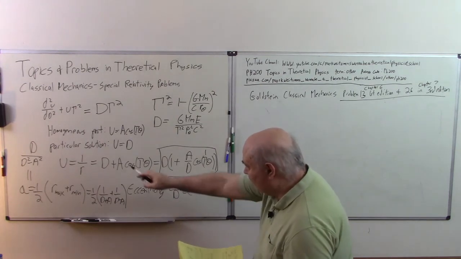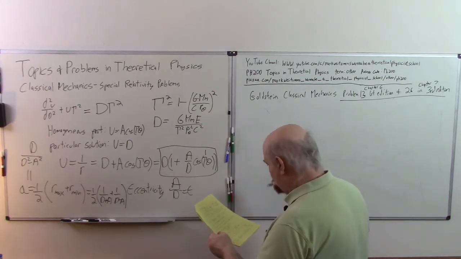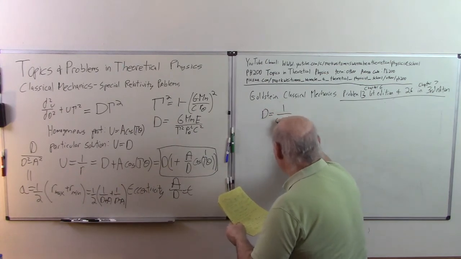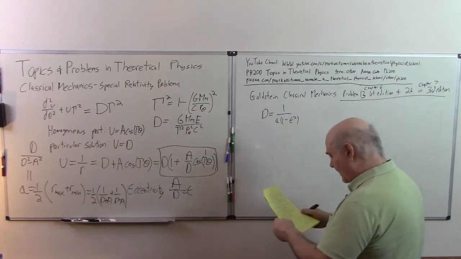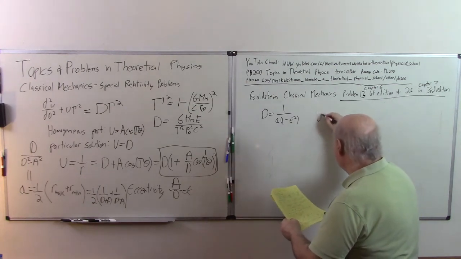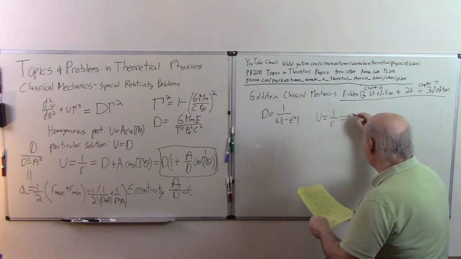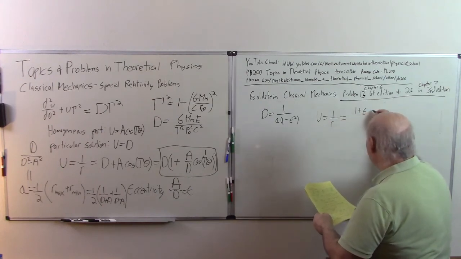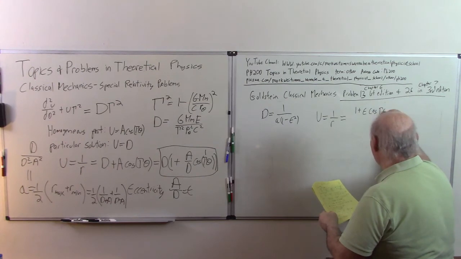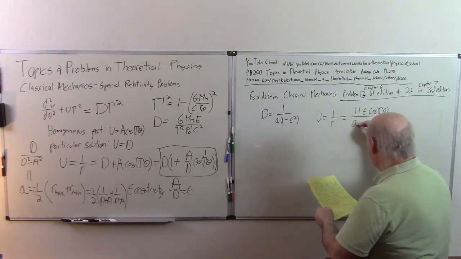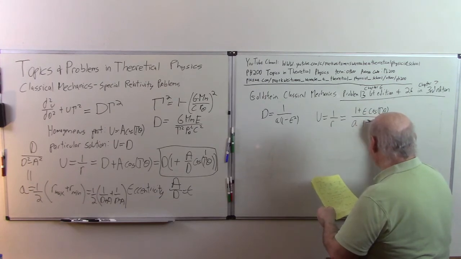Using the eccentricity in that formula, we end up getting that d is equal to 1 over a(1 minus epsilon squared). Epsilon is the eccentricity. And our orbit equation becomes u equals 1 over r is equal to (1 plus epsilon cosine gamma theta) divided by a(1 minus epsilon squared).